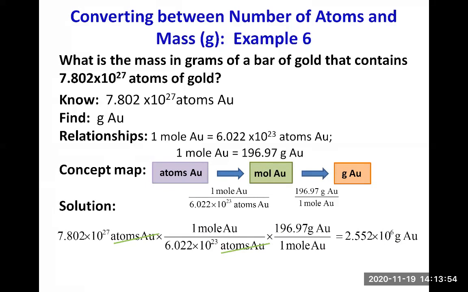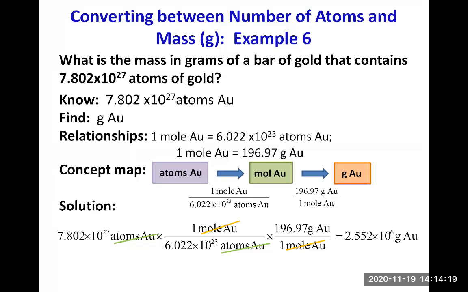Because it's in the numerator in the first conversion factor, the 1 mole of gold will have to be in the denominator of the second conversion factor. This way the units of moles of gold cancel, and you have the grams of gold in the numerator. So all units cancel except for grams of gold, and that's what we are looking for.